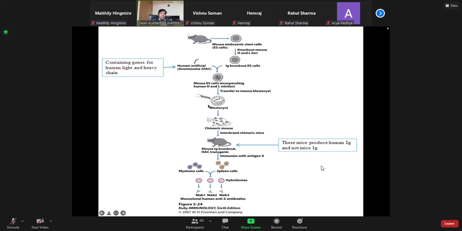Now, if you inject this blastocyst in animals, or whatever the animals that you are going to generate from this blastocyst, you are going to first generate chimeric mouse. This actually is mouse, but it will have some sequences of human origin, right?